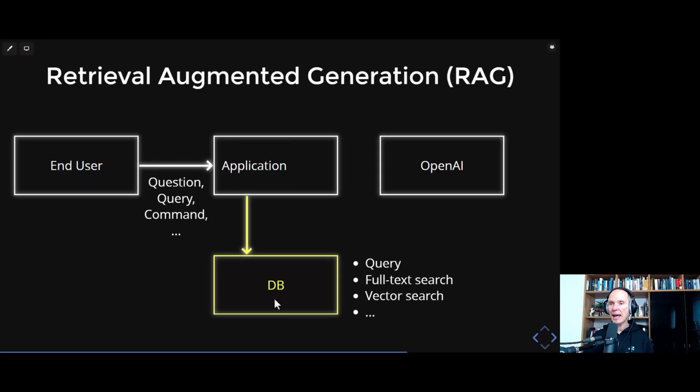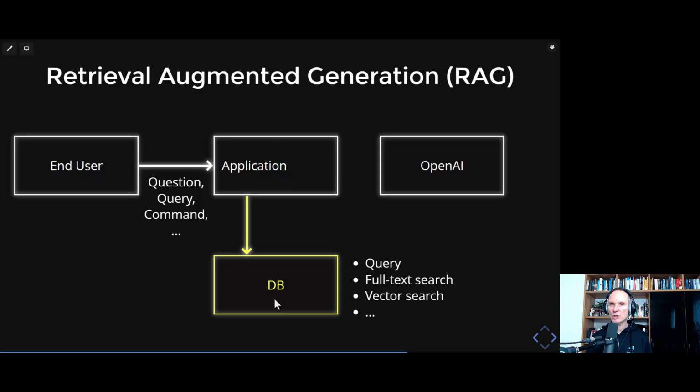For instance, Azure Search, the search service built in Azure, has a pretty strong vector search capability. Or maybe you are familiar with Azure Cosmos DB. It also has vector search capabilities built in. And what you see more and more is that all the traditional databases get vector search capabilities.